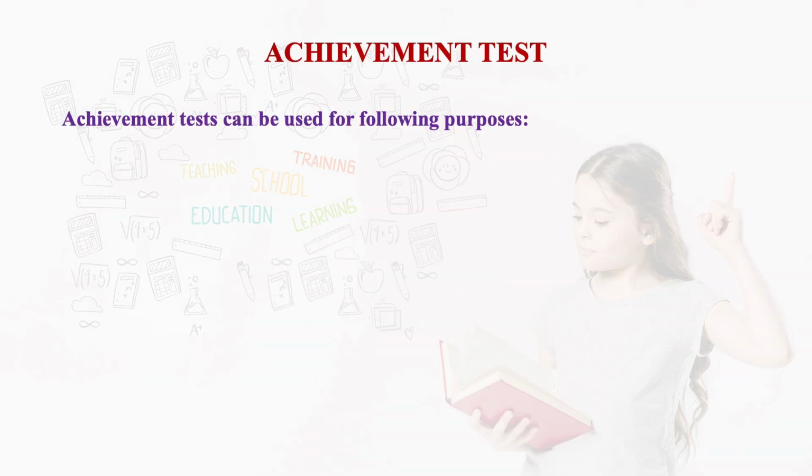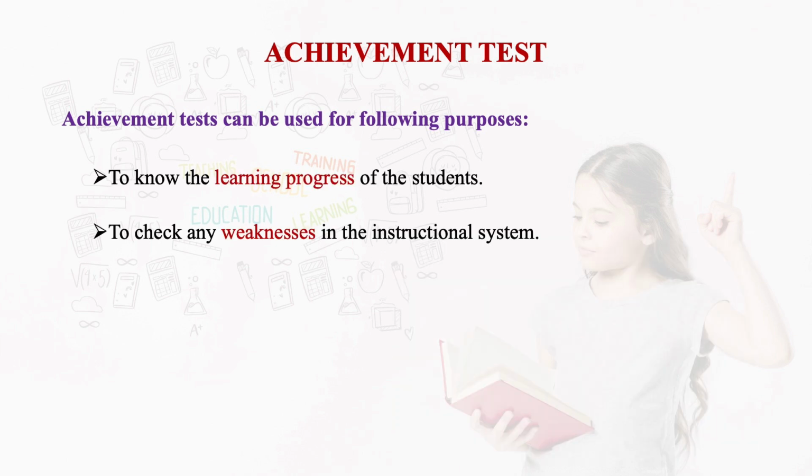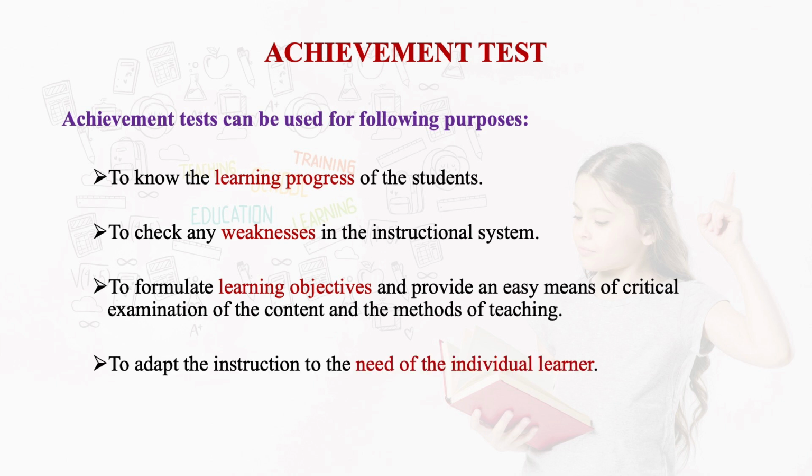Let us go forward. Further, to understand achievement tests, we can say that an achievement test can be used for the following purposes. First of all, to know the learning progress of the students, to check any weaknesses in the instructional process, to formulate learning objectives and provide an easy measure for critical examination of the content and the models of teaching, then the methods of teaching, further to adapt the instruction to the needs of the individual learner, and the last purpose is to know the effectiveness of any academic program.